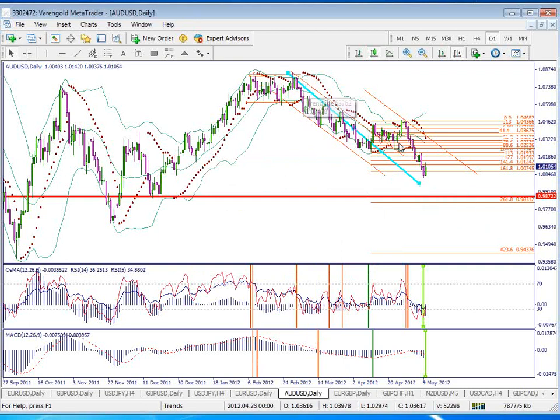So this one here where it was that ranging market, I think that they were just confused according with the situation in Europe.